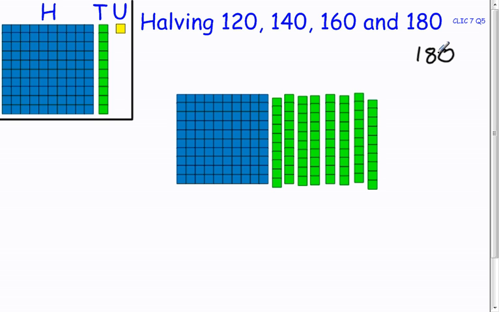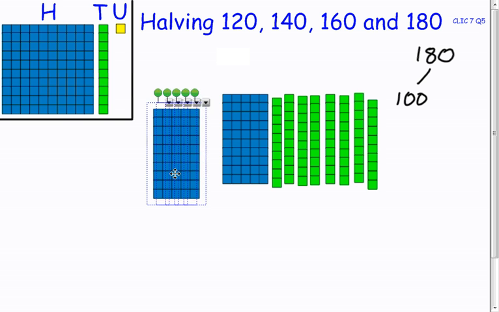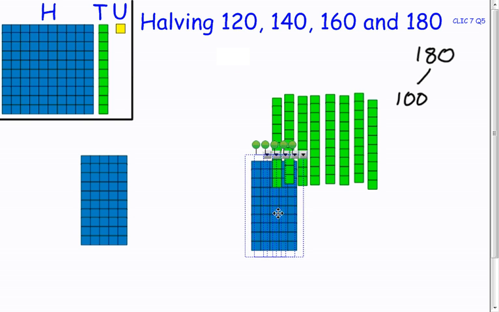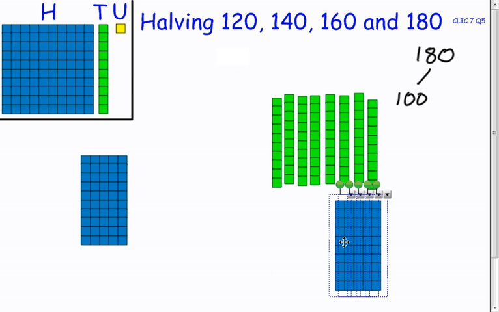So we need to first of all think about the 100. What should we do to the 100? Split it in half. And so what is half of 100? 50. So I'm going to put 50 on this side and, oops, 50 on this side. Okay, so you're telling me that half of 100 is 50.